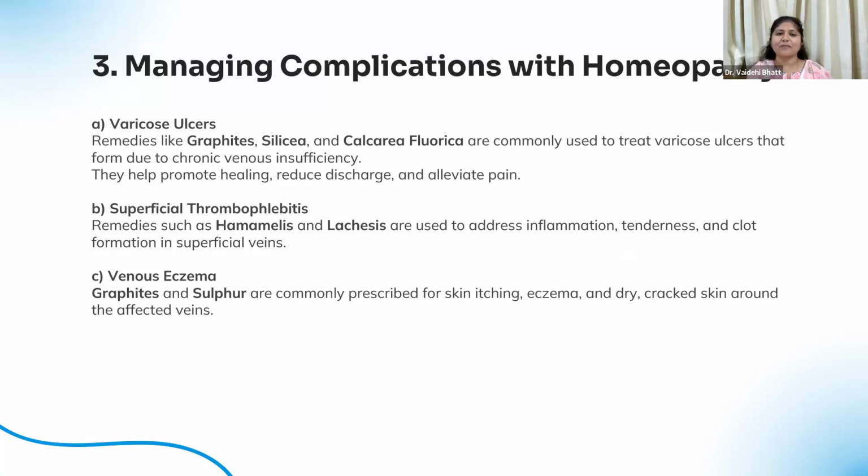Then for superficial thrombophlebitis, we can indicate Hamamelis, Lachesis, Vipera to reduce the inflammation and tenderness. Then for venous eczema, we can utilize Graphites, Sulphur. We can utilize Fluoric acid to reduce the itching, eczema, thickness of the skin, and cracking of the skin.